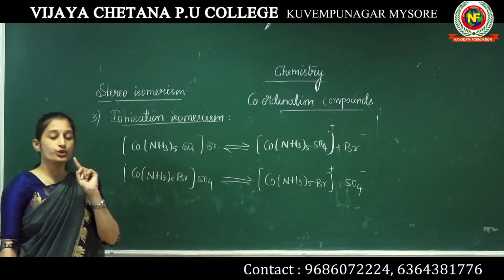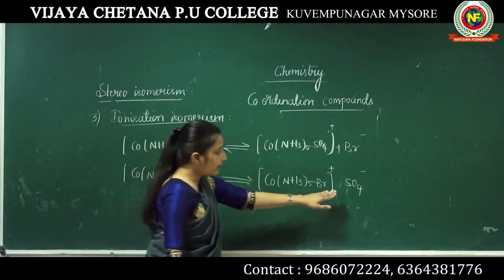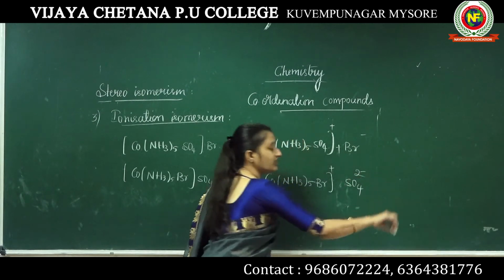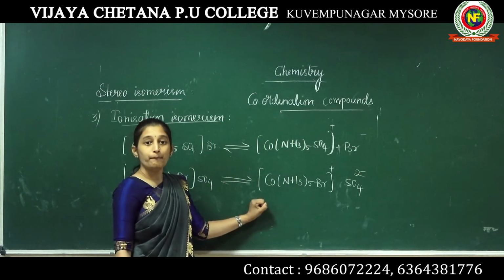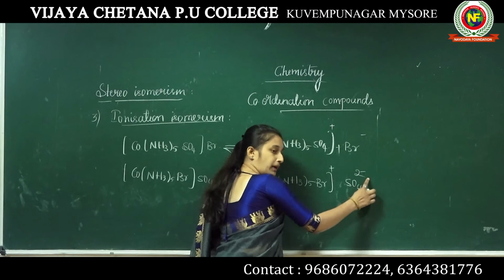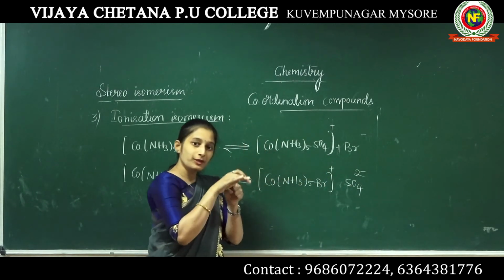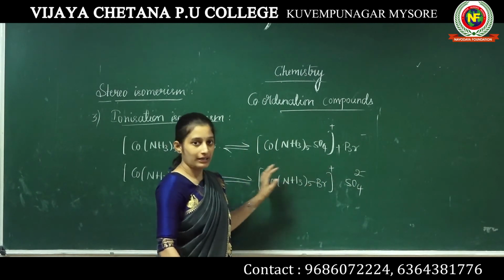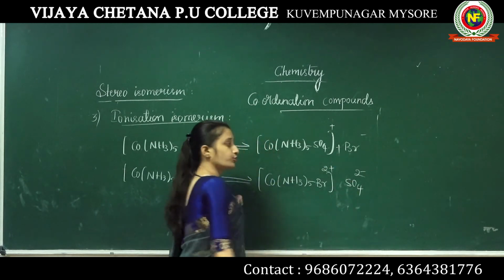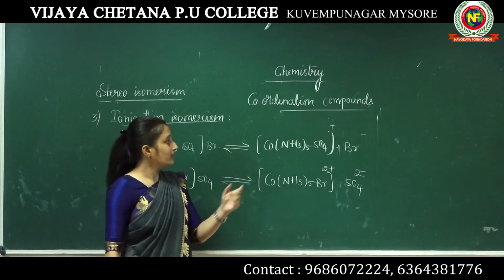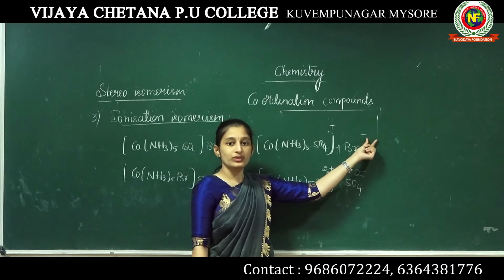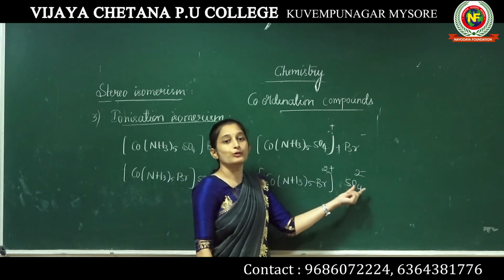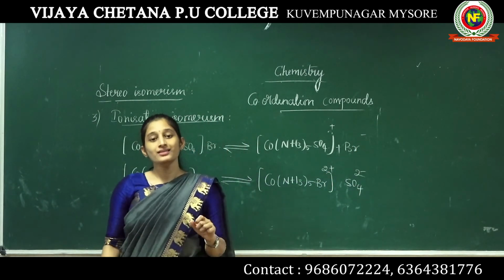But one thing you should know, sulfate always carries -2 charge. To match, this should be +2. How simple. Here +1 and -1 charge, but here +2 and -2 charge. See the difference.